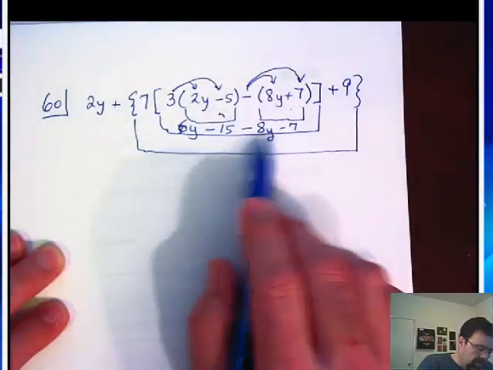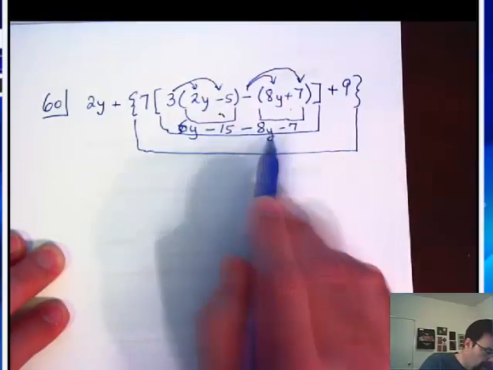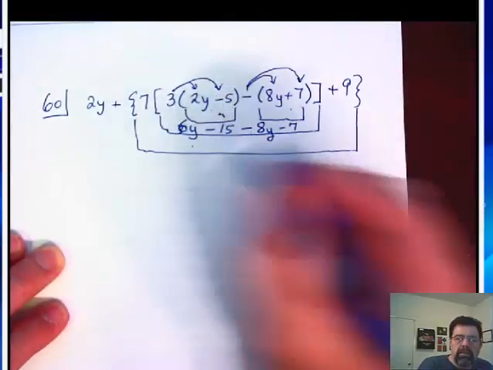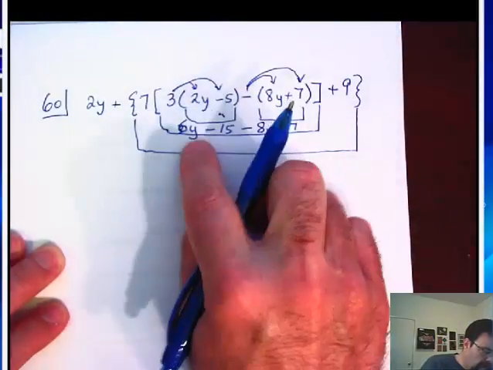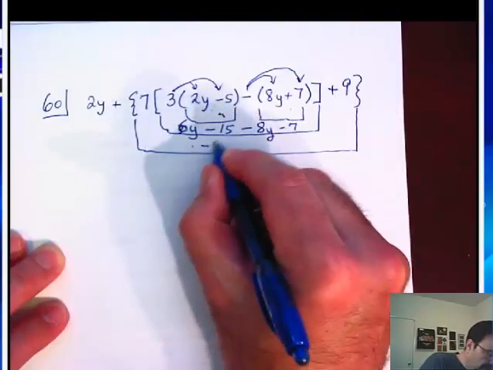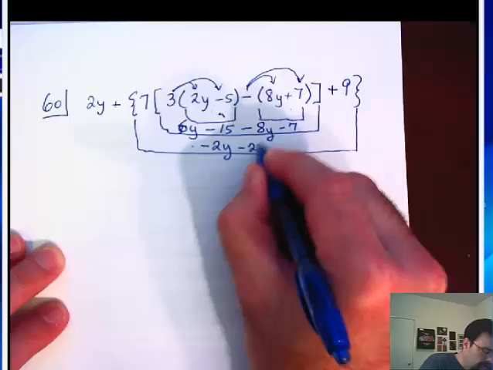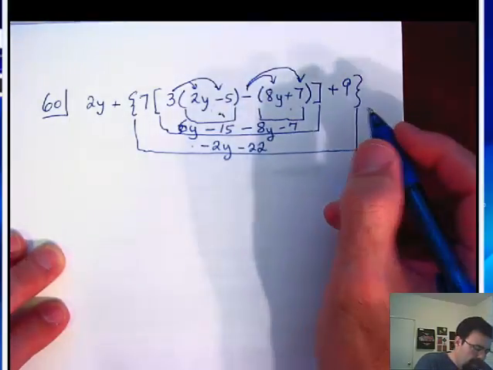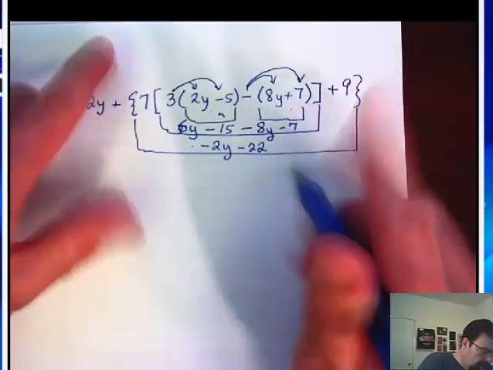Now in here, what I'm going to do first is combine like terms. So I got 6y minus 8y. So you distribute as a last resort. So 6y minus 8y is minus 2y. Negative 15 minus 7 is negative 22. Now that is inside these brackets.